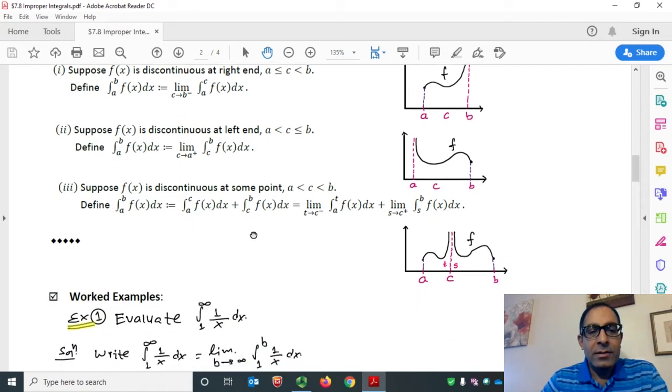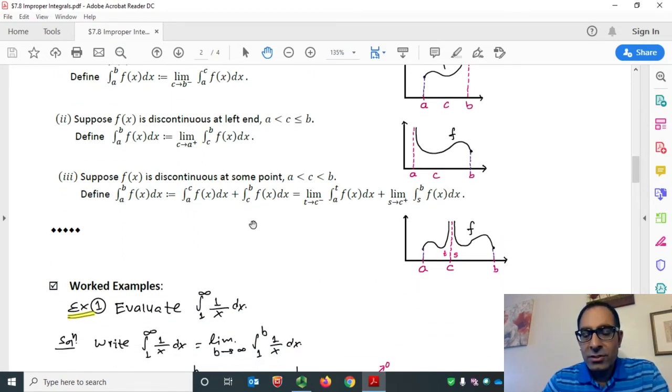Similarly, case 3: suppose this time our function is discontinuous at a point c in between a and b. That means we have a vertical asymptote here.